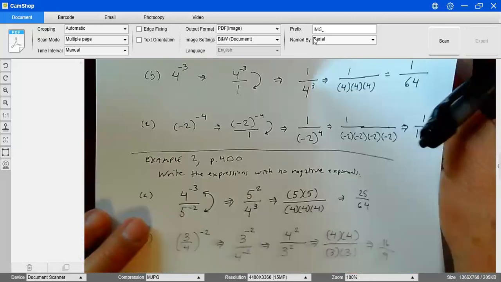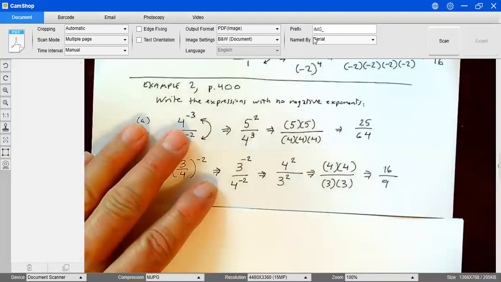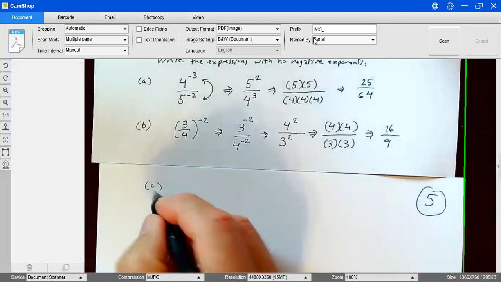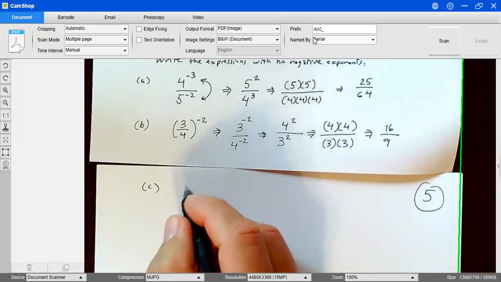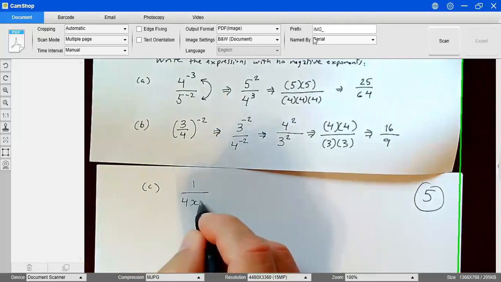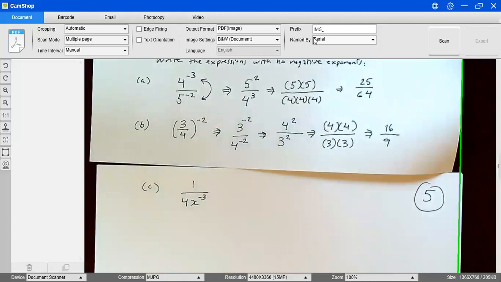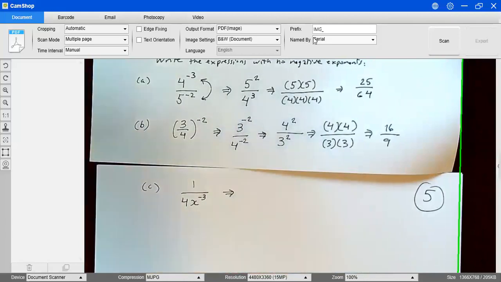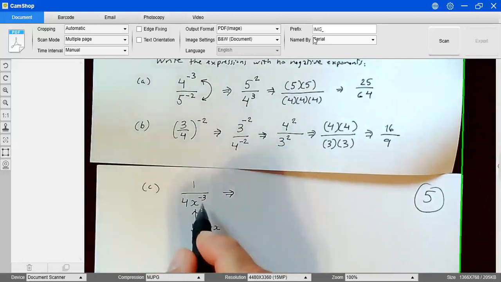There are 2 more parts of this example, so let's work on those. So I have part C, which is 1/4x to the negative 3. So we find the base that has a negative exponent. So the base here is just x. That base is the one that has this negative exponent.